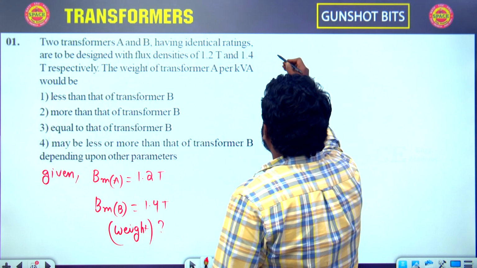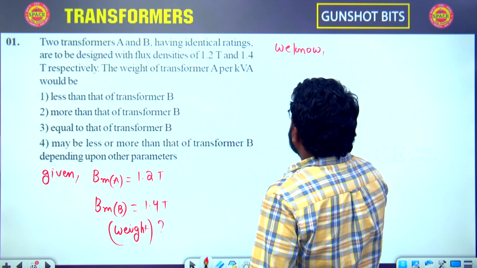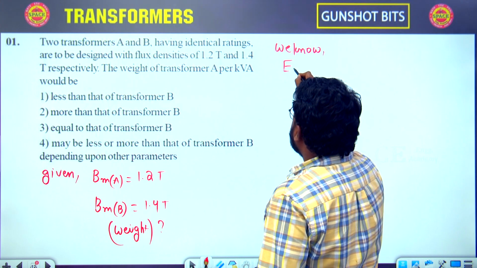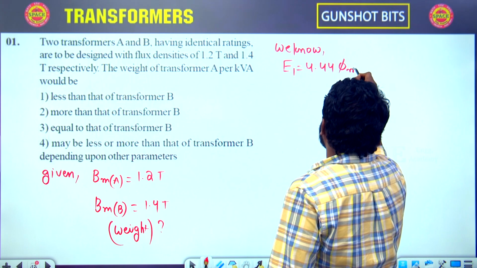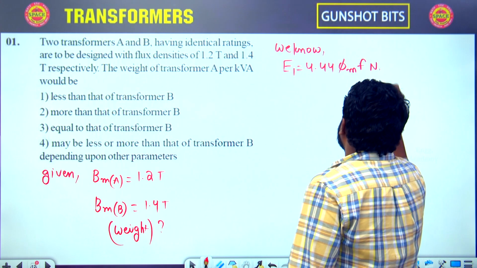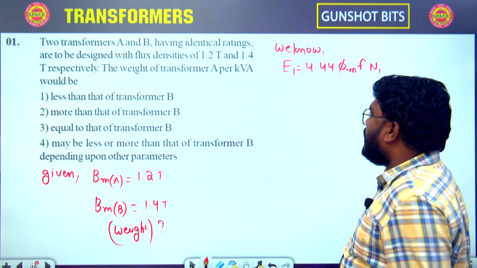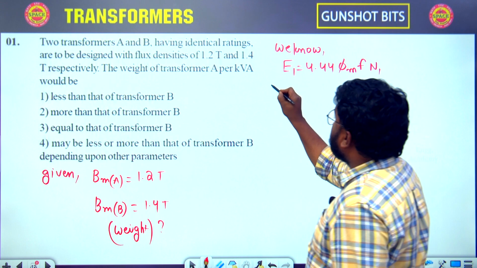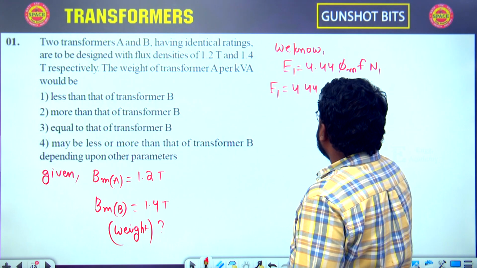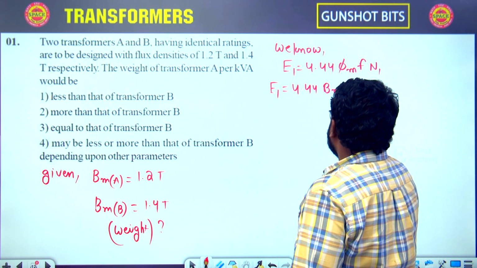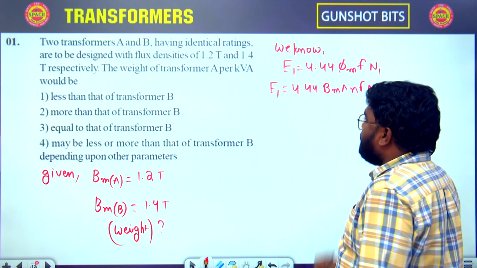We know that the EMF equation of the transformer in the primary winding is E1 = 4.44 φ_max f N1, the product of the flux, frequency and number of turns. This flux can be written as E1 = 4.44 B_max An f N1, where N1 is the number of turns. So E1/N1 = 4.44 B_max An f.